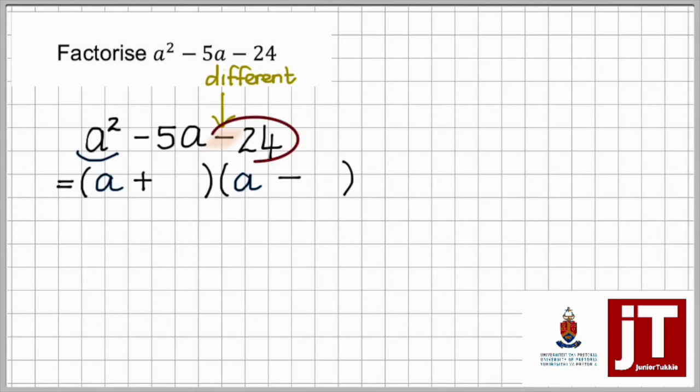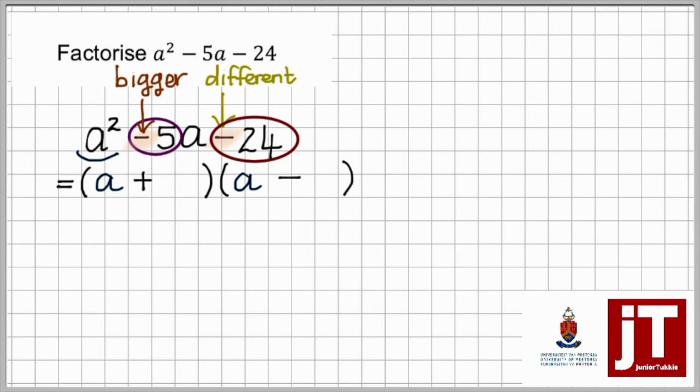Now we need to find factors of negative 24 that when multiplied together will give negative 24, but when added together will give us negative 5. So remember, since we have different signs, one of the factors will get the positive sign and the other will get the negative sign.